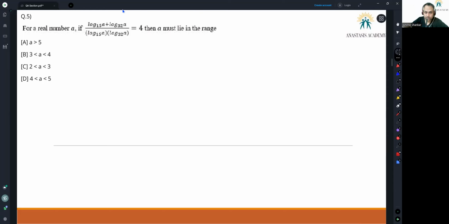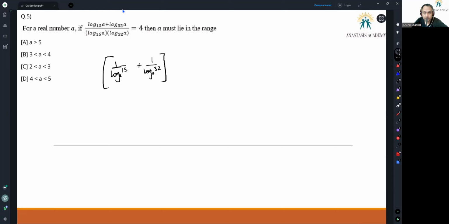So what that would lead to is, I would have 1 by log 15 to the base A plus 1 by log 32 to the base A. This is the numerator.